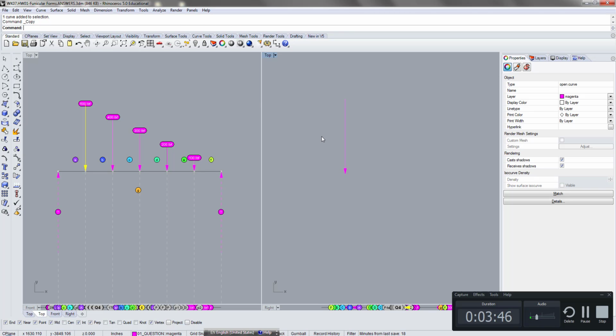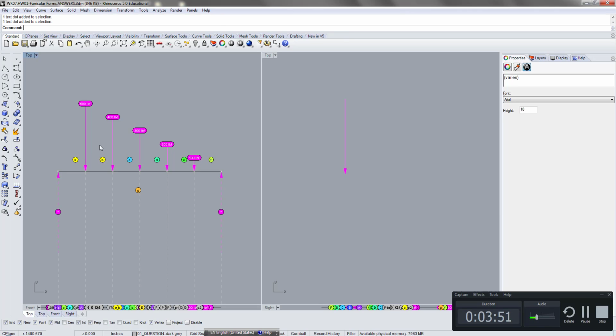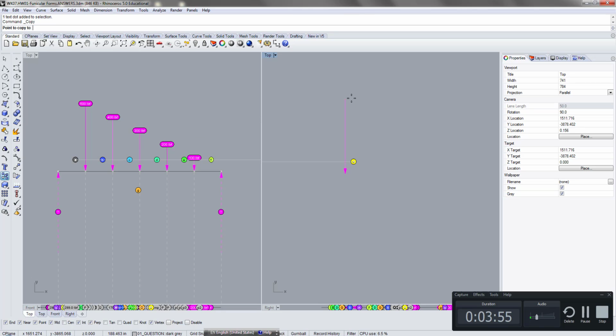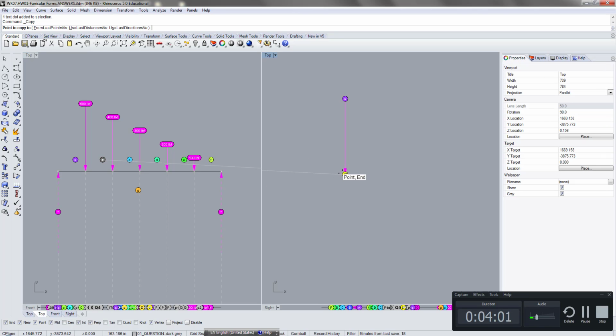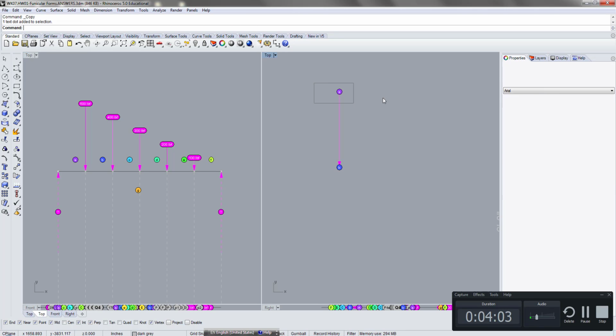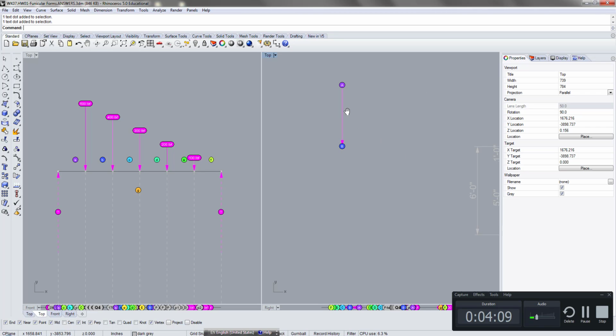The 500 pound is between A and B, so I call the start point of the first force A and the end point B. They should be uppercase, just to differentiate between the loading diagram and force diagram.